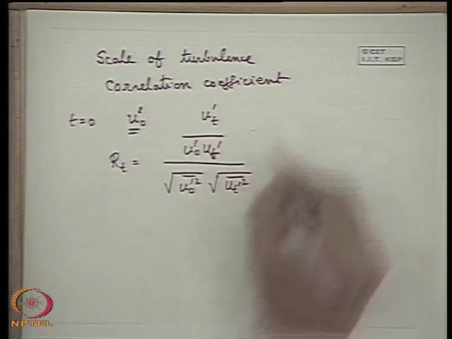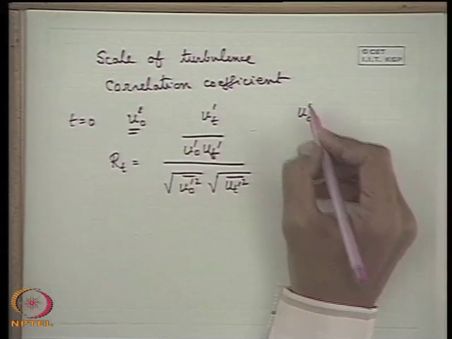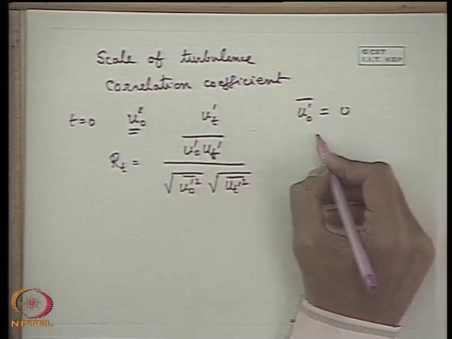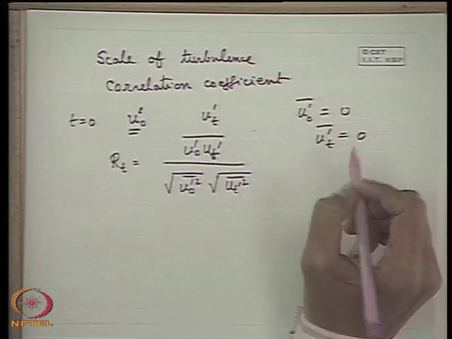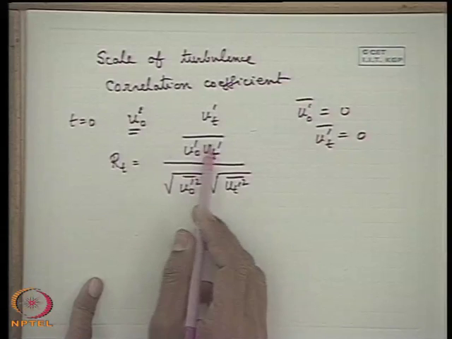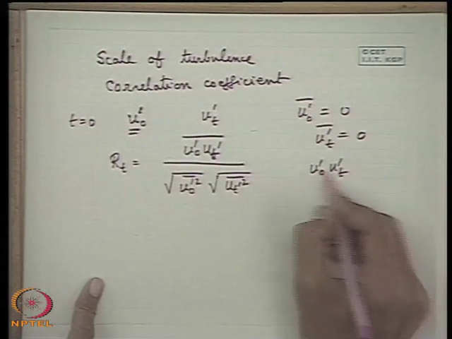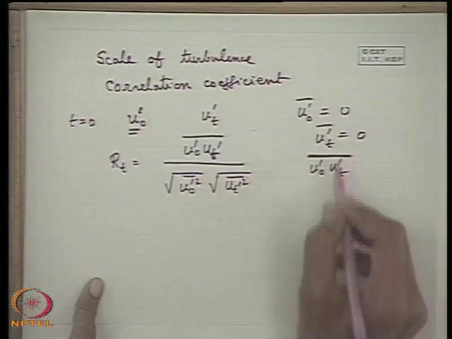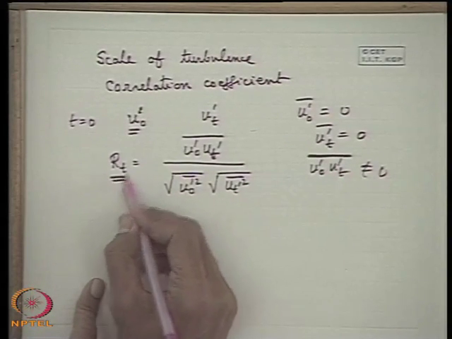This is the correlation. We know that the u dash fluctuating component at t is equal to 0 has average value equal to 0. So, the fluctuating component at t is equal to t also has time mean value 0. But if we take the product of u dash at 0 and u dash at t, and make a time mean, this is not 0, and this divided by this quantity is the correlation coefficient.